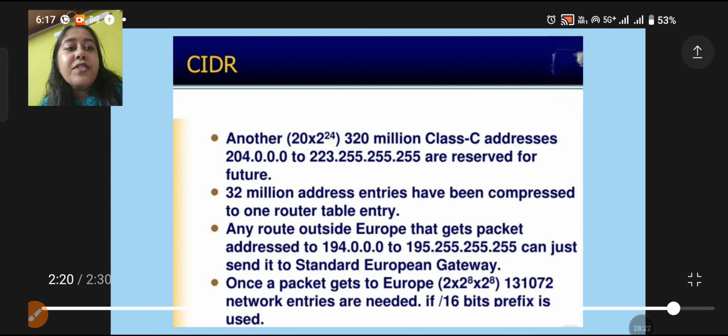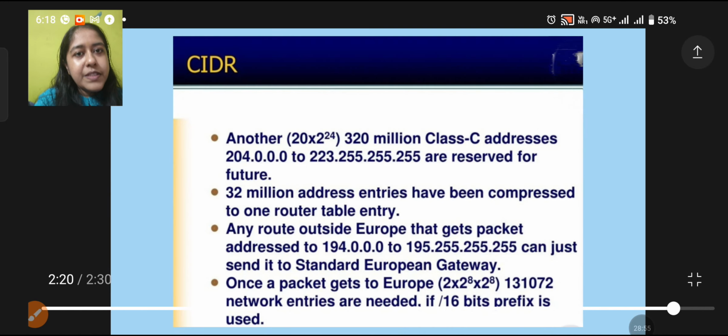32 million address entries have been compressed to one router table entry, that is these 32 million addresses. Any route outside Europe that gets a packet addressed to this can just send it to its standard European gateway. Once the packet gets to Europe, 2 to the power 8 into 2 to the power 8, that is 131072 network entries, are needed if a /16 bit prefix is used.